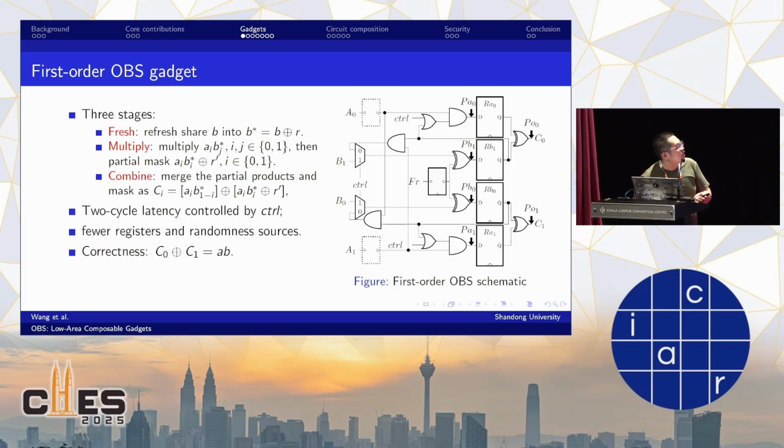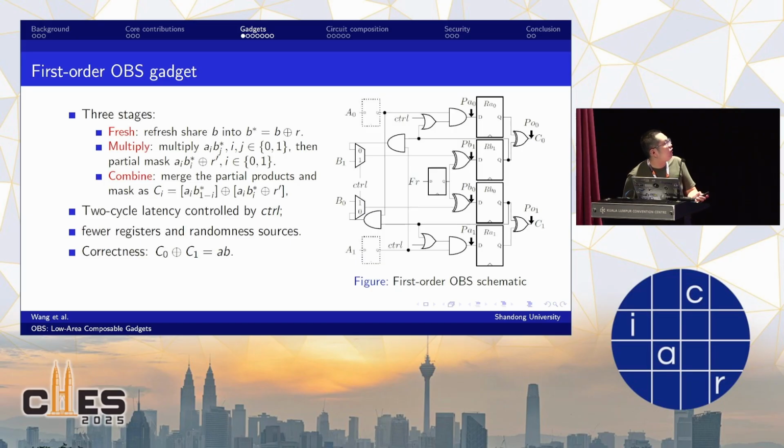In this way, we can also use only one randomness source to derive randomness, which is lower than the common 2 randomness way. And in this way, we can also compose to confirm the correctness.